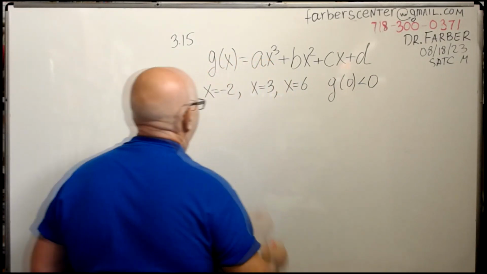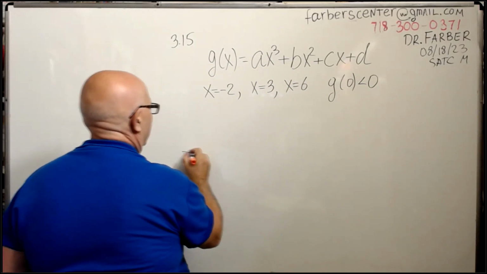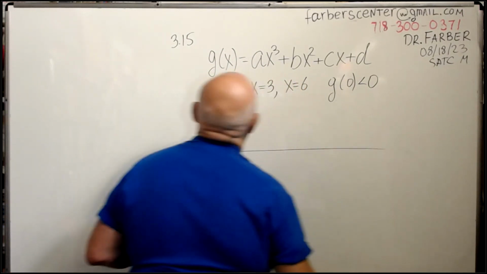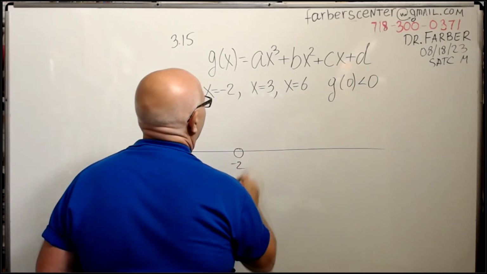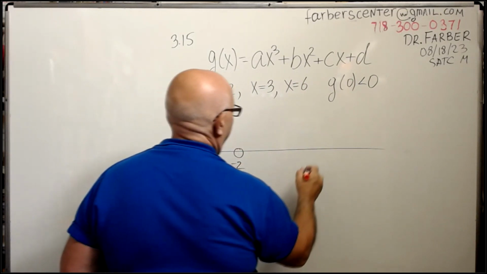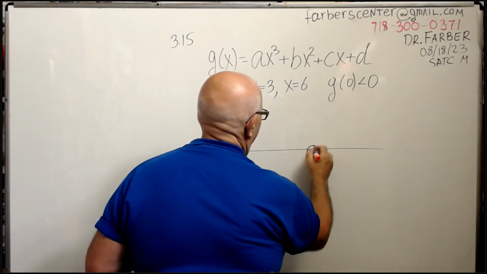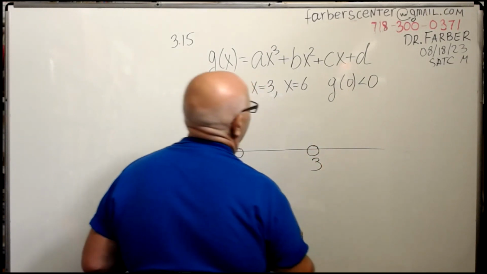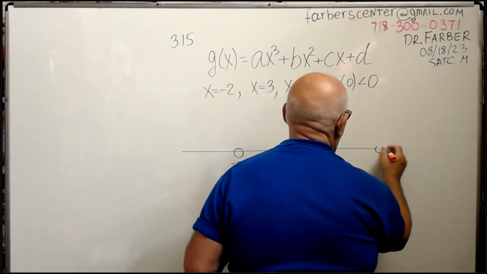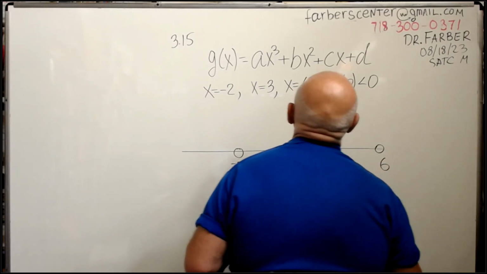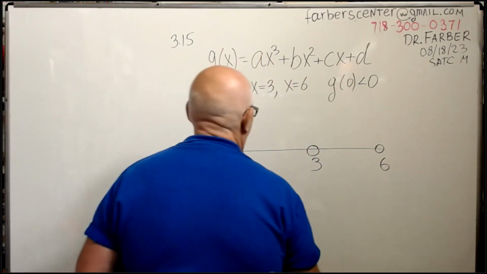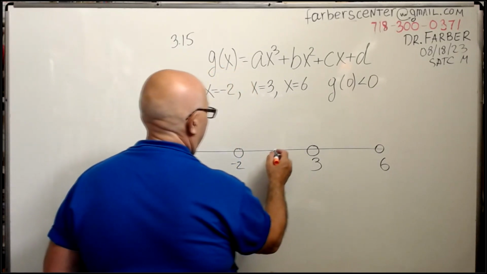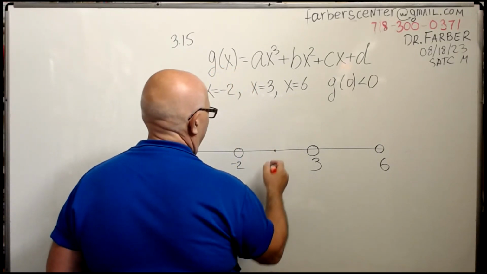Well, let me make a sketch of this. We have -2, we have 3, we have 6, and somehow between them we have 0.